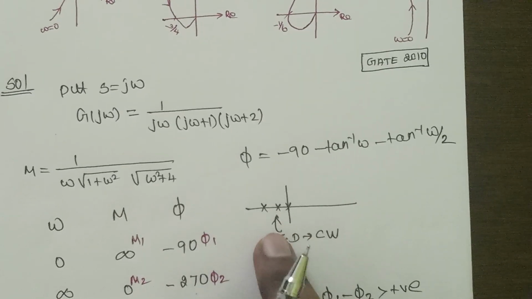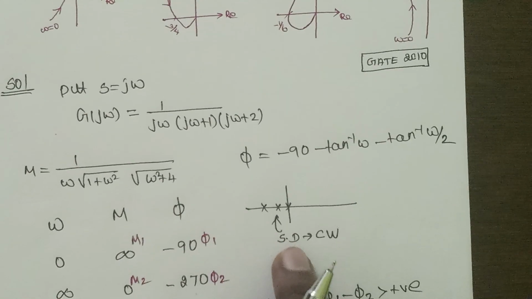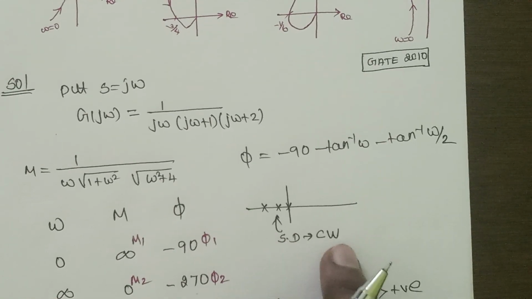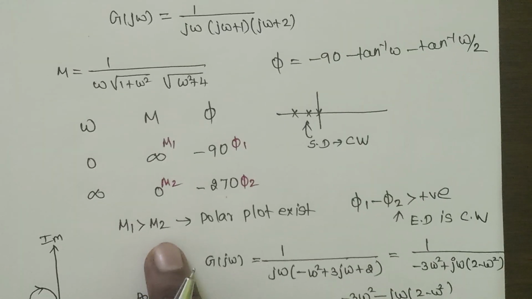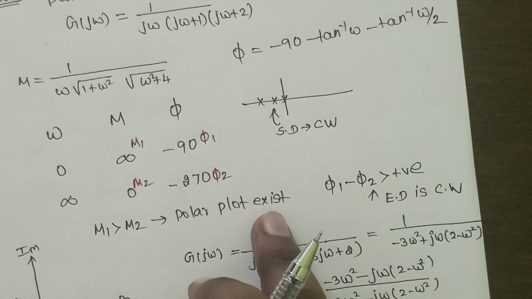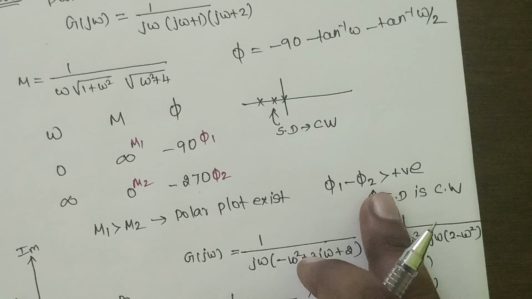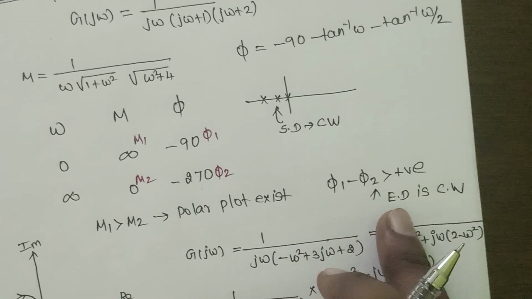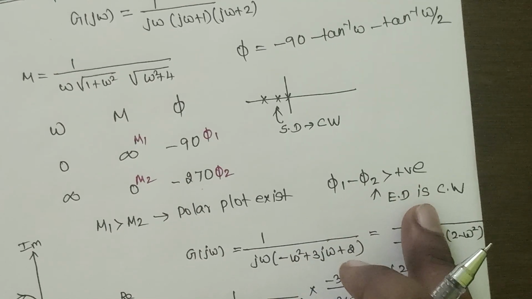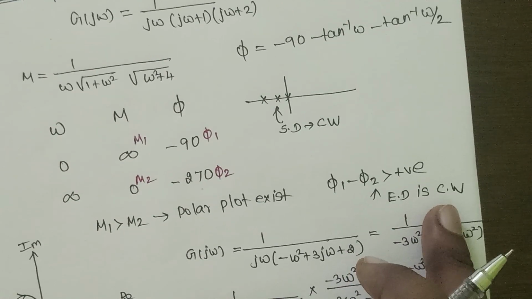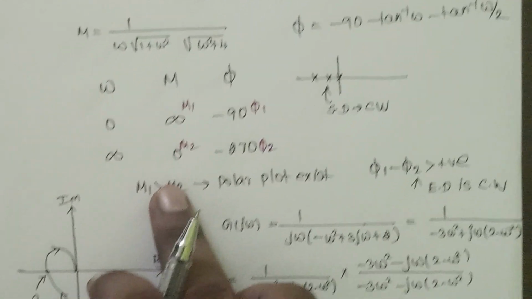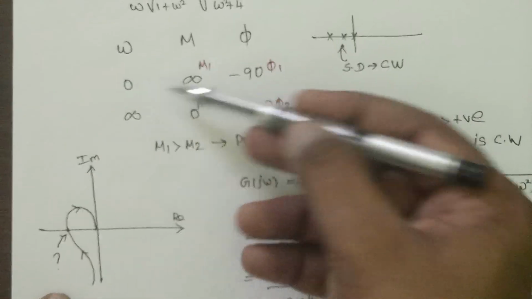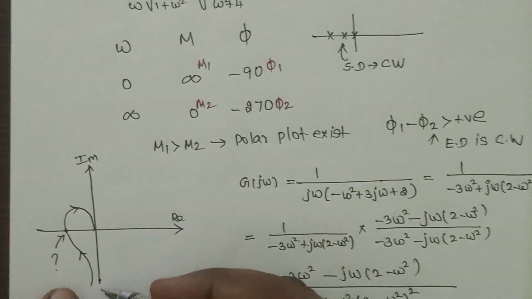Here the pole is near the origin, which means the starting direction is clockwise, and m1 is greater than m2, so the polar plot exists, and phi 1 minus phi 2 is a positive value, so the ending direction is clockwise.